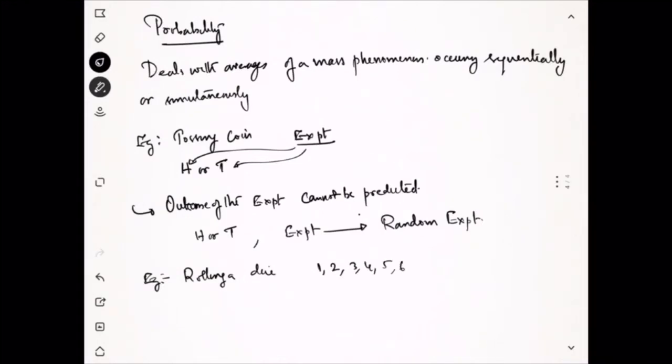If we roll the die, we may get either 1 or 2 or 3 or 4 or 5 or 6. So these are all the outcomes of the random experiment. All the possible outcomes are listed here.